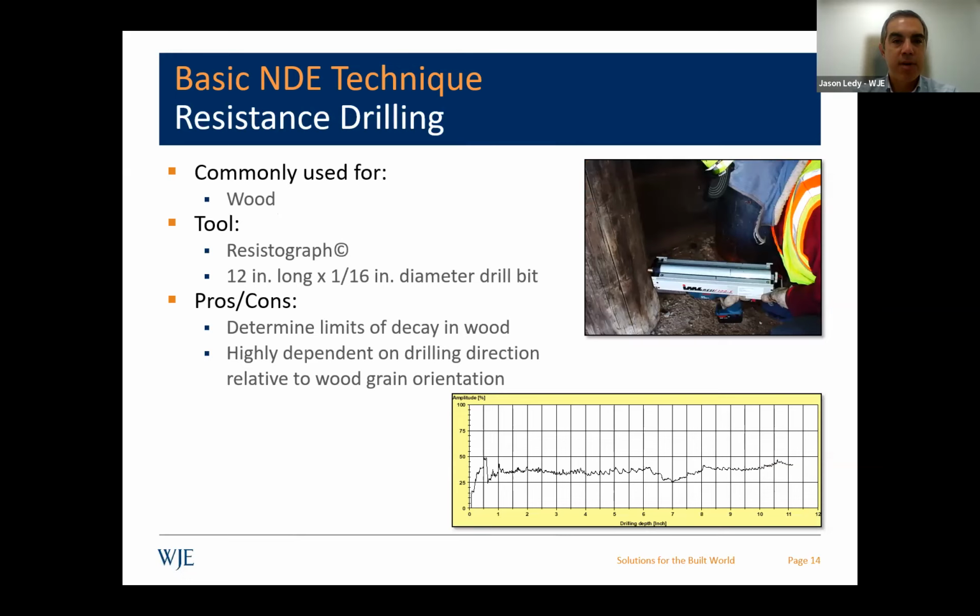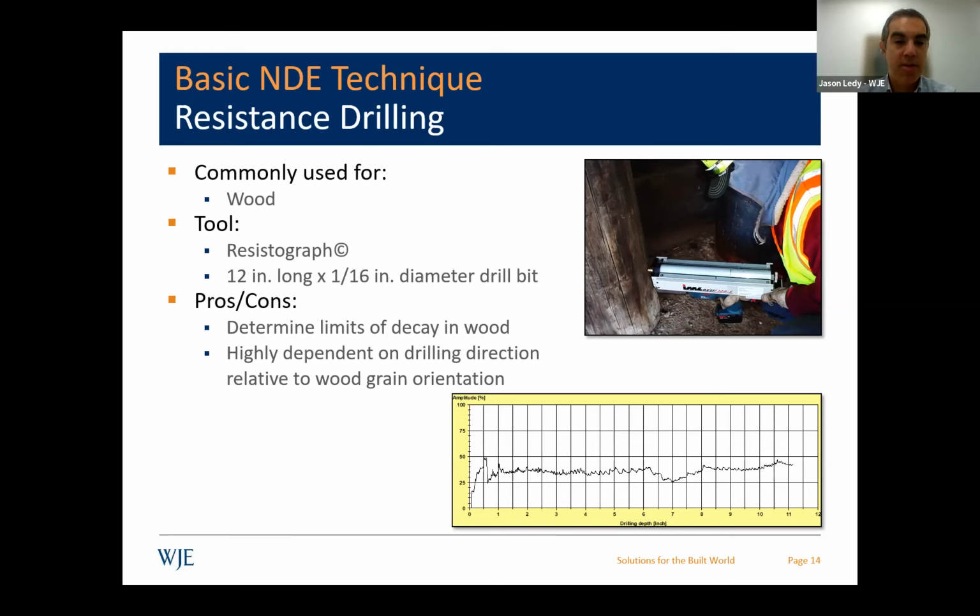Another fairly common device used for evaluating wood is resistance drilling. One of the devices is a resistograph, and what it does is you essentially drive a drill bit into a wood member, and depending on the amount of resistance in that wood, you can tell whether there may be the presence of decay.